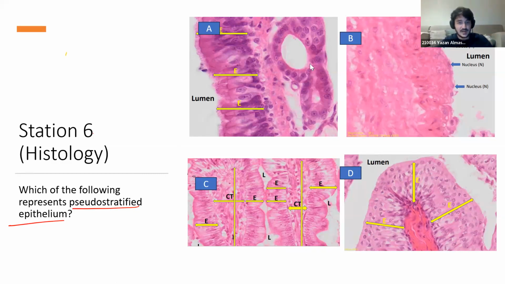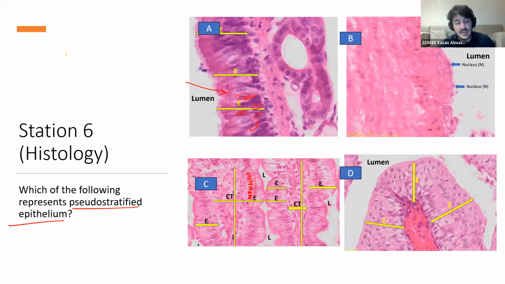Now, in C, you would see that all the nuclei are on one line. In A, you would see like one here, one here, one here, one here. So this is more pseudostratified. Maybe this one is not perfectly aligned, but they're almost perfect.